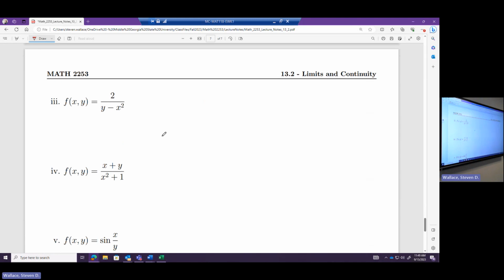Okay. What about this guy? So when is this continuous? This is continuous wherever the denominator is not zero, right? So it's continuous on R2, and then you take away the set where y minus x squared is equal to 0.